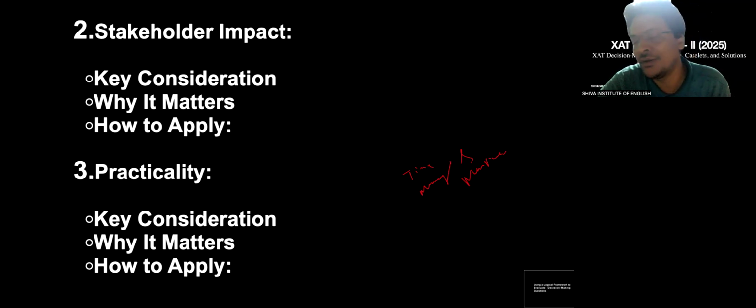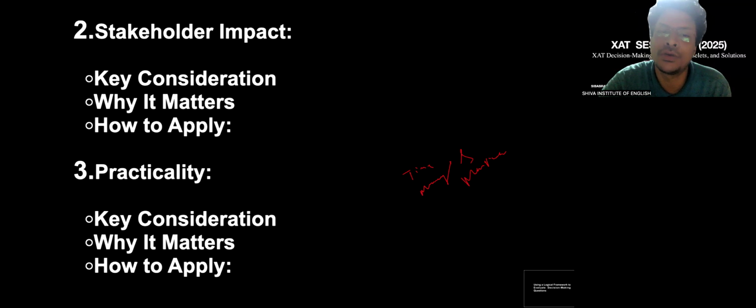Taking an example, proposing a long-term investment in a cash-strapped company may be impractical, isn't it?